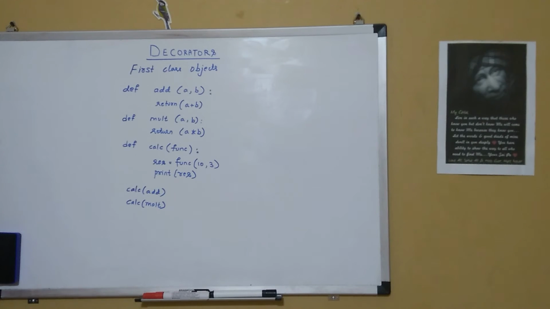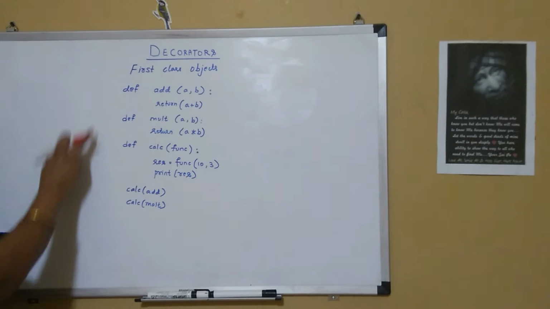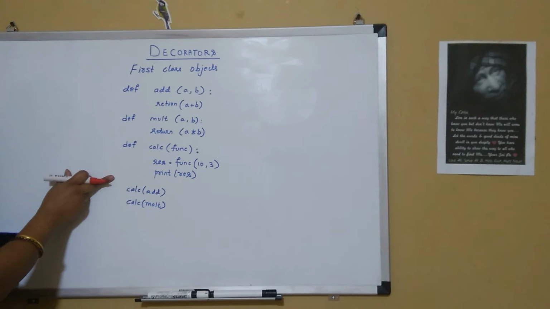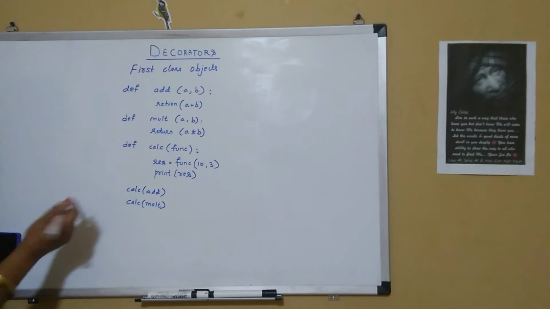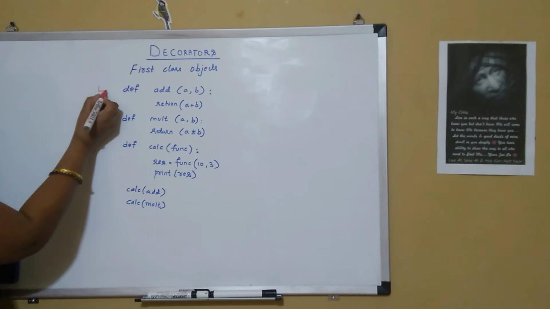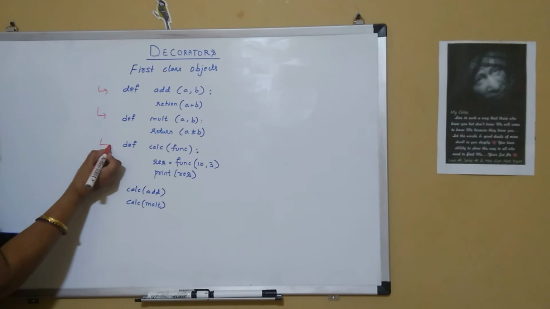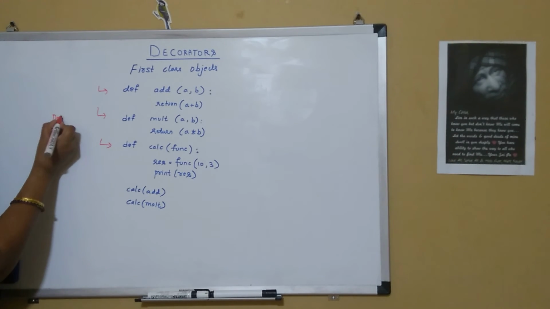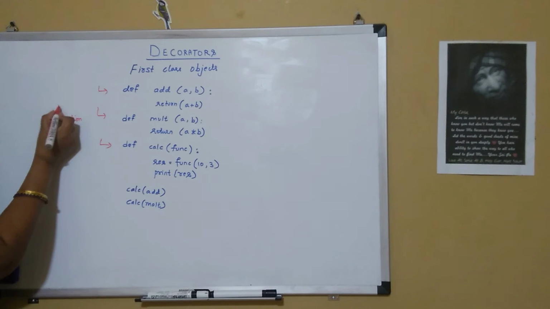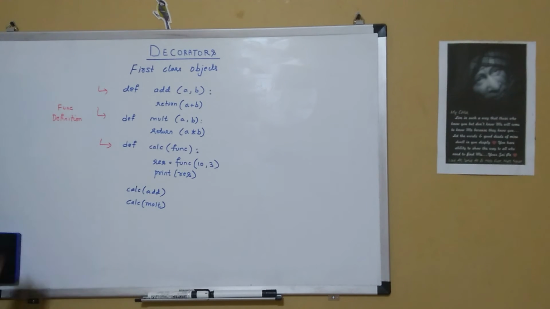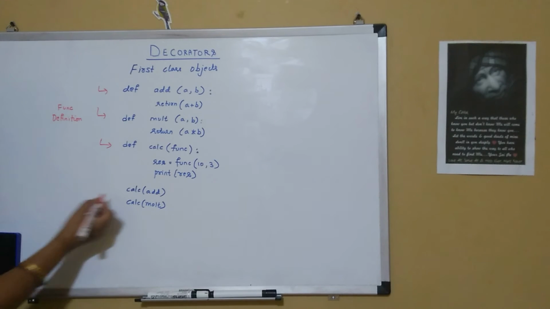So friends, what happens in this scenario? Firstly, all these are function definitions. A function doesn't run by itself; only when we call the function does it get executed. And here we are calling the function.